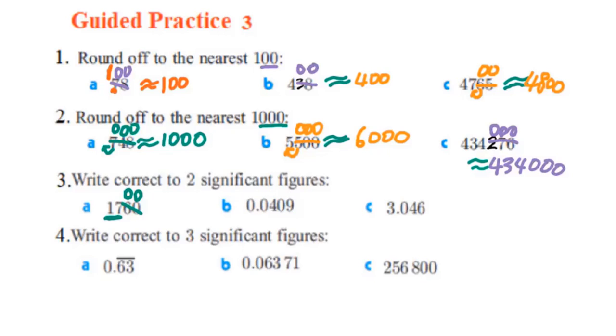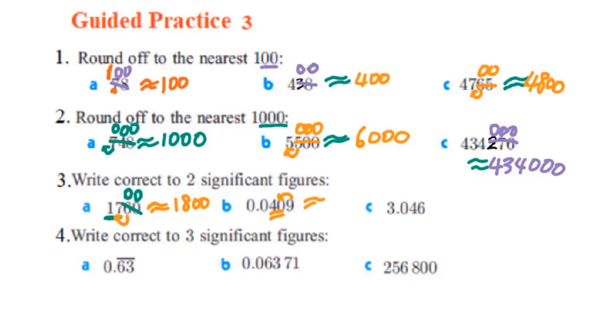Then check this 6. Since it's more than 5, we need to round up. So we get 1800. For B, we have leading zeros. Leading zeros are not counted as significant figures. So we only keep these 2. This 9, you need to round up.